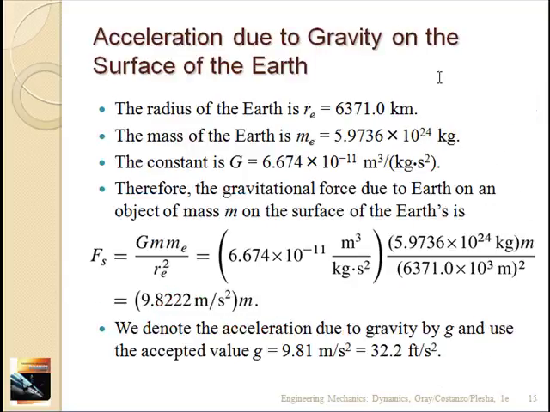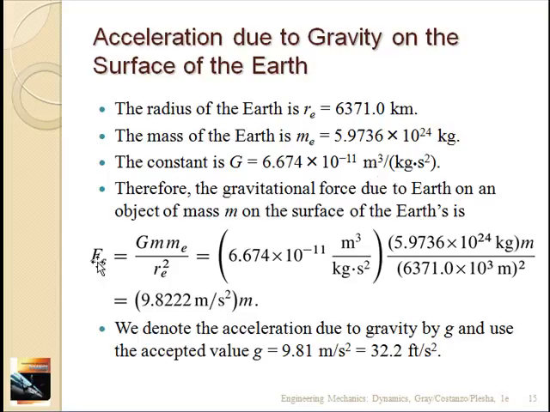So from this you can actually derive the acceleration due to gravity on the surface of Earth. So the radius of Earth is about 6,400 kilometers. The mass of the Earth is about 6 times 10 to the 24th kilograms. The gravitational constant is here.